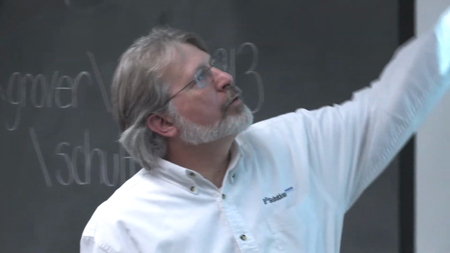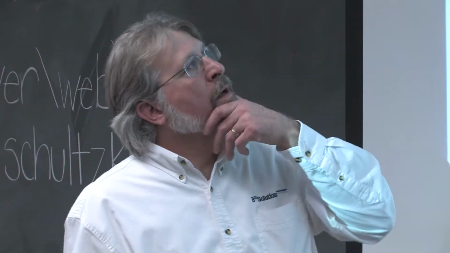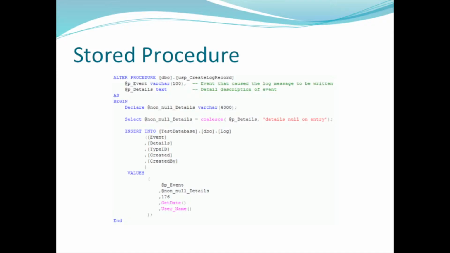Now here's an actual stored procedure. This is a SQL Server Transaction SQL stored procedure. Basically, if you're starting from scratch and creating a brand new one, you'd have a create procedure. This example is assuming you already had it created and you're making some type of change to it, so you use the alter.